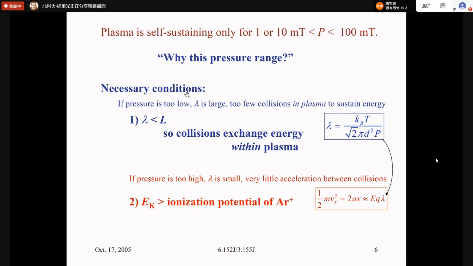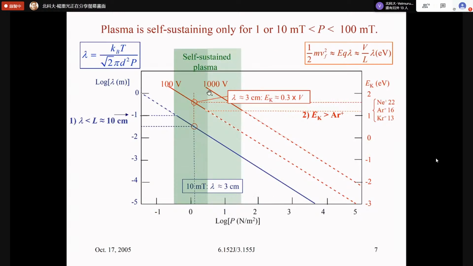Also, the necessary condition for the plasma is that the kinetic energy has to be larger than the ionization potential. So we found that this is the region of self-sustained plasma.